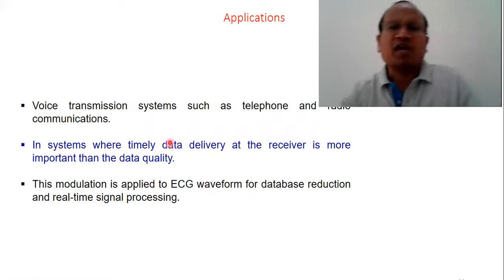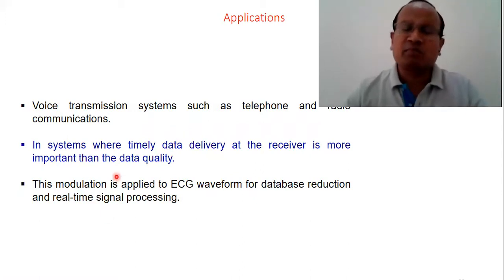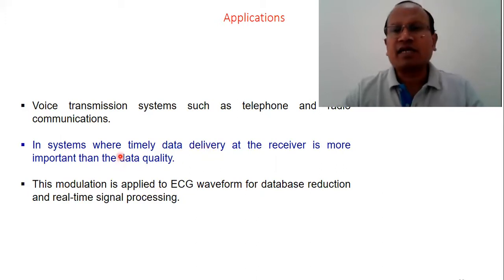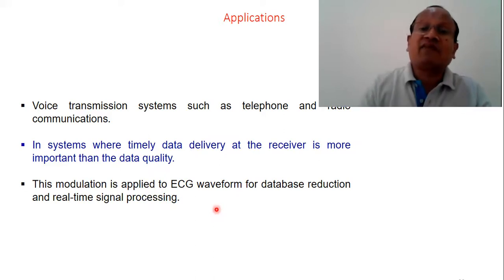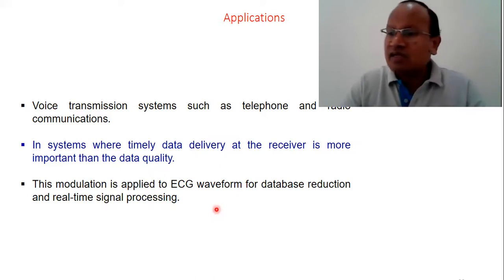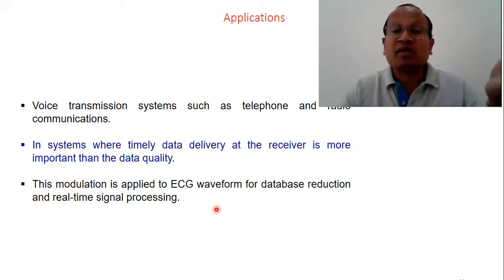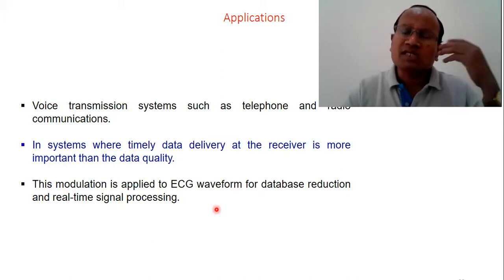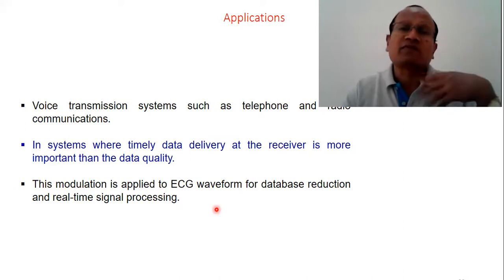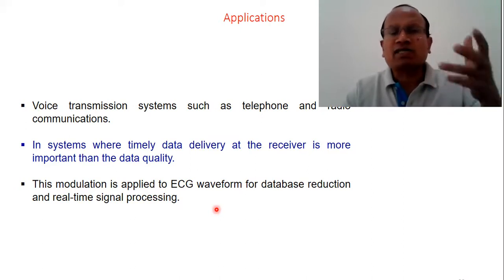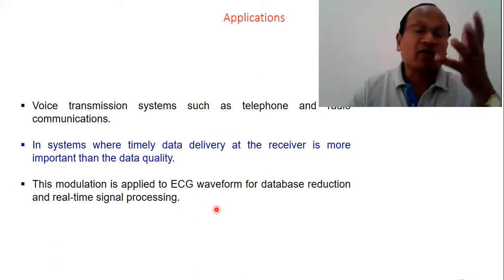In systems where timely data delivery at the receiver is more important, we want a faster data rate, a faster data communication system. This modulation is applied to ECG waveforms for database reduction and real-time signal processing. Database reduction, because ECG captures a number of signals through different electrodes from our chest. It records the heart signal, cardiography.